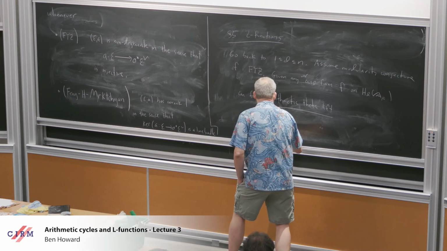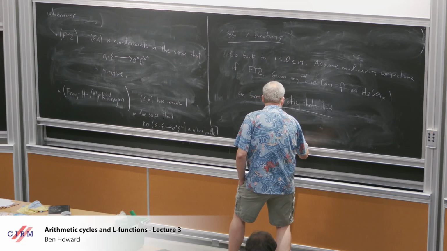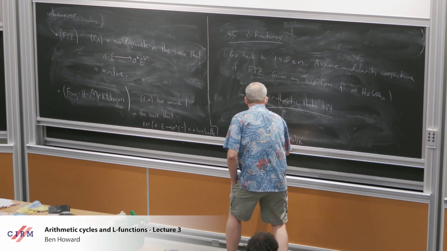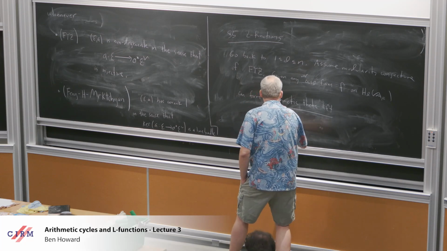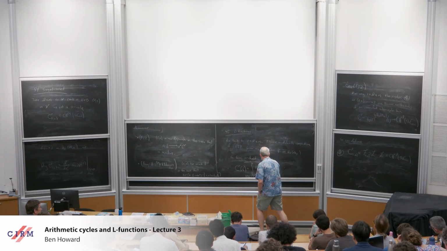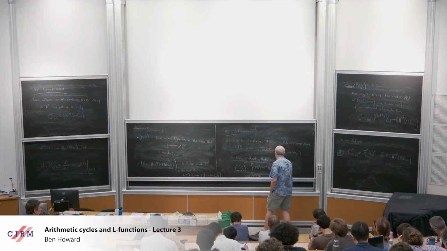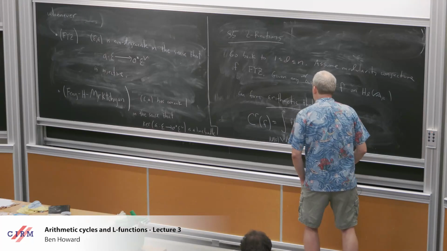It's going to be the integral over the adelic points of our group of this cusp form against this Chow group valued automorphic form of Feng-Yun-Zhang. Oh, that's bad notation.